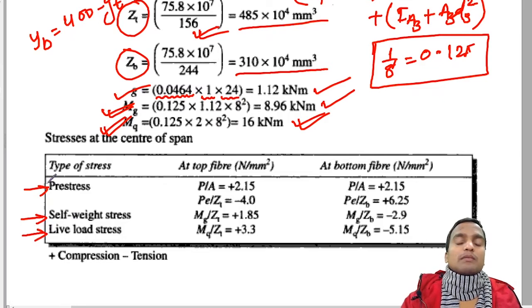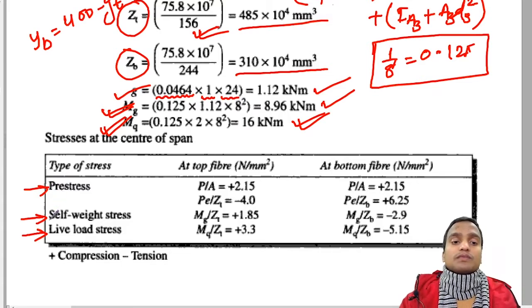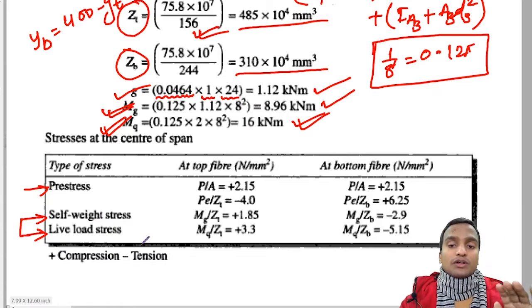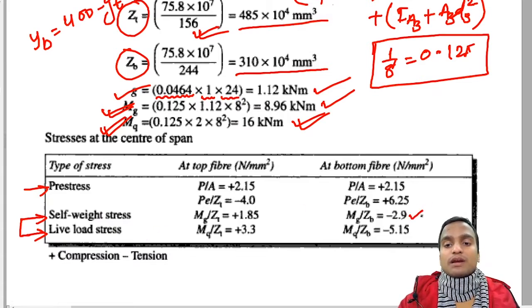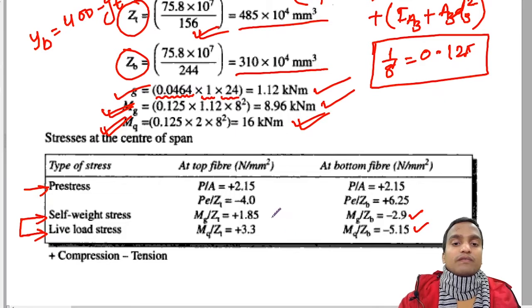Pre-stress is the internal stress which we apply prior to concreting, whereas self-weight and live load are the external loads. So these two loads will create tension at the bottom fiber, so that's why you are seeing a minus sign here, whereas they will create compression at the top, so the sign should be clear.